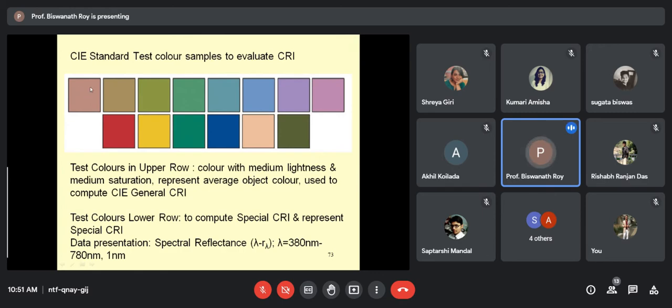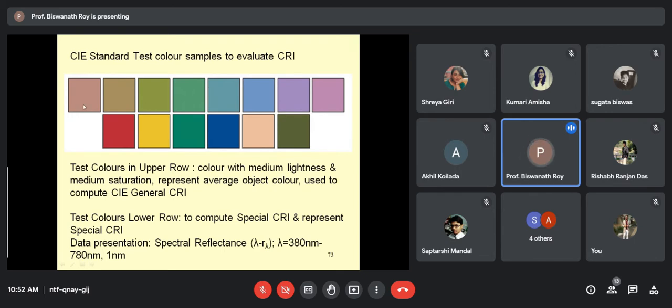So in the first set, the object sample is illuminated by test lamp and the color of the reflected radiation is noted down. That is, color of the object is noted down. How it is noted down I am not explaining now. That is measured with the help of number, with the help of chromatic coordinate, XY coordinate.